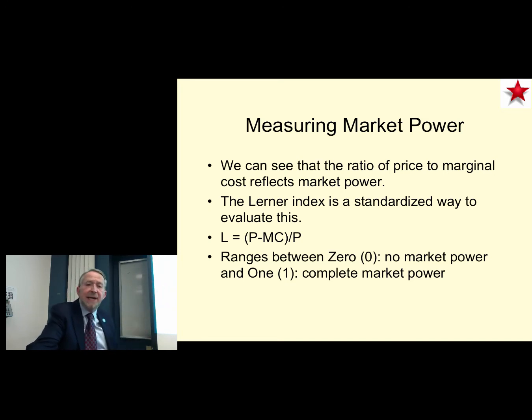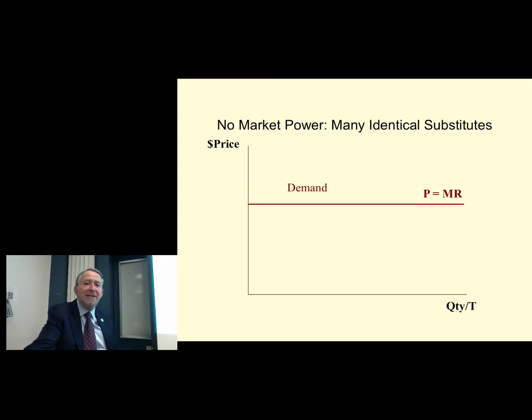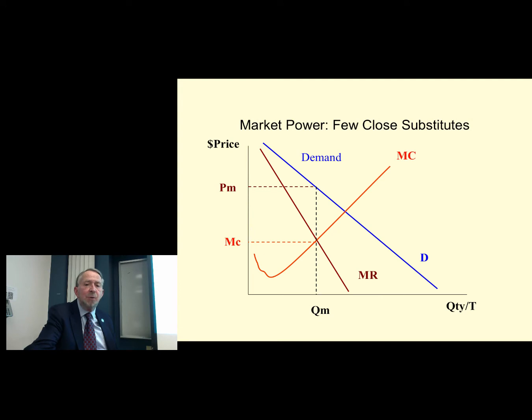The range is going to be somewhere between 0 and 1. So going back to this situation, price is this whole height, marginal cost is this, so price minus marginal cost is this up here, and then divide that by price, and it looks like about 50%. This amount divided by that amount, the index would be about 50%.